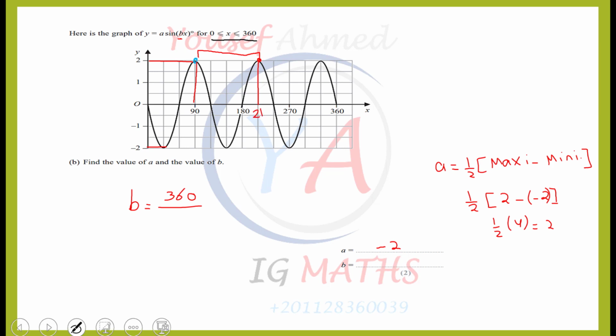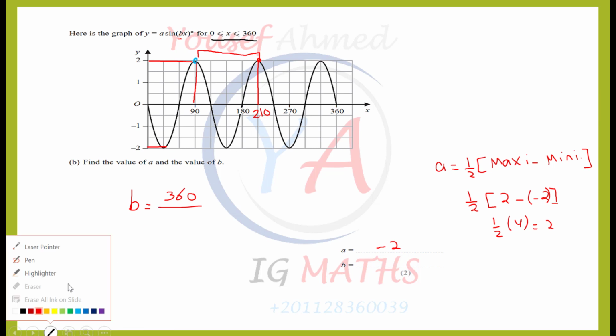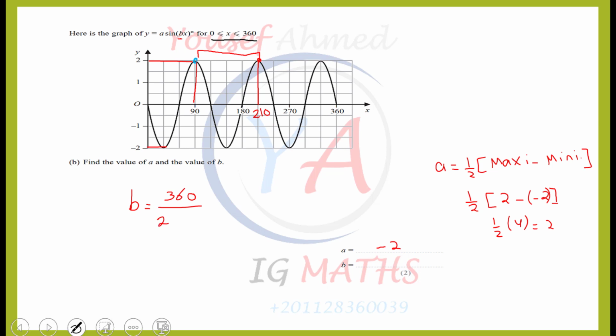We need the difference between 90 and 210, so it will be 360 divided by the difference between 210 and 90 degrees, which is 120. So 360 divided by 120 gives you 3. So the value of b is 3.